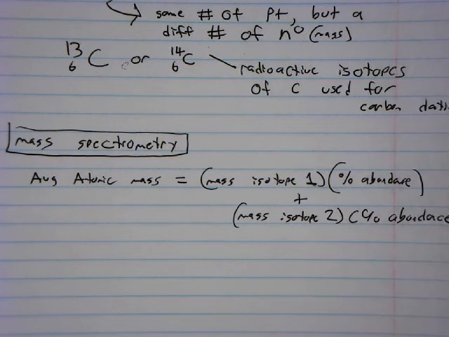However many isotopes there are, times their percent abundance, that is how you get the average atomic mass, and that's determined through mass spectrometry, which I'm going to show you this week in person.